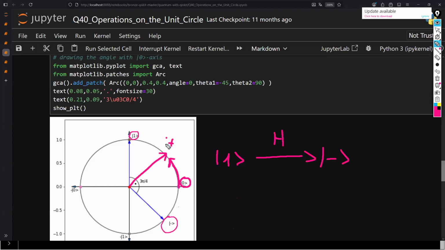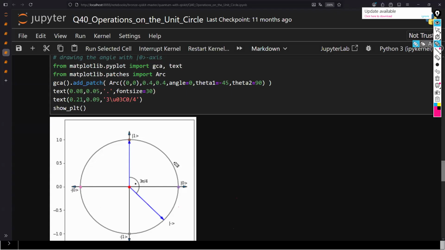This is our plus. And when we start from 1, we get the minus by applying the same operation. It turns out that on our representation on a unit circle, there is some sort of predictable way of seeing where we land and where we start when applying a Hadamard gate.